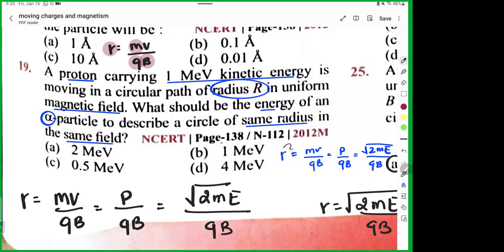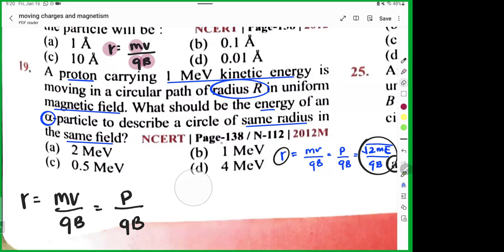If you take square on both sides, what will happen? R square is equal to 2mE by q square B square. Your R is fixed, your B is fixed. So E is proportional to q square by m.